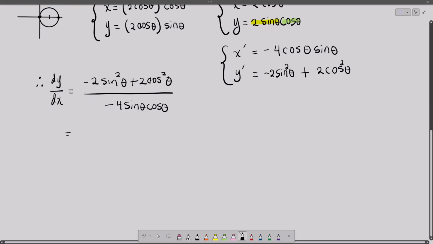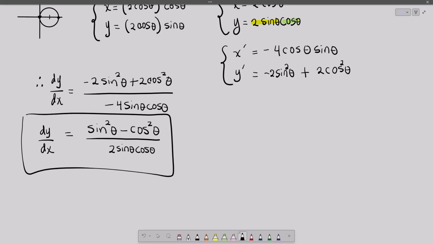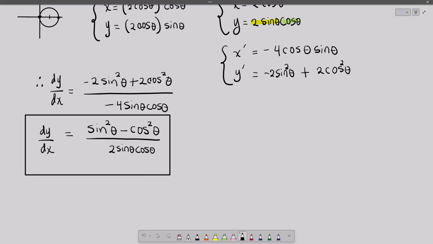We could do one simplification step. We could divide out a negative 2. That would look a lot nicer. Okay, so there is our derivative function, function of theta.